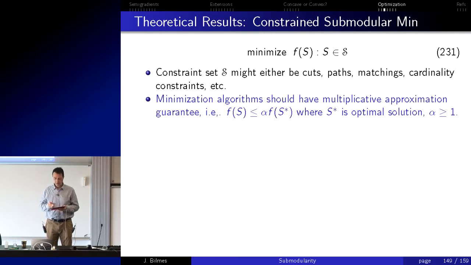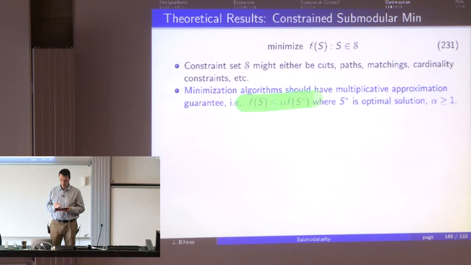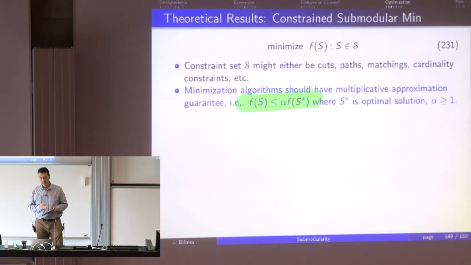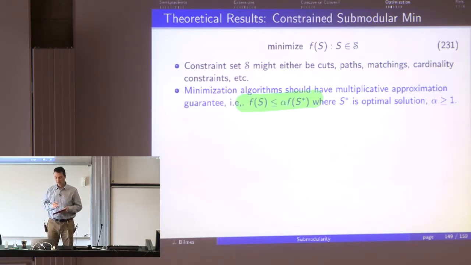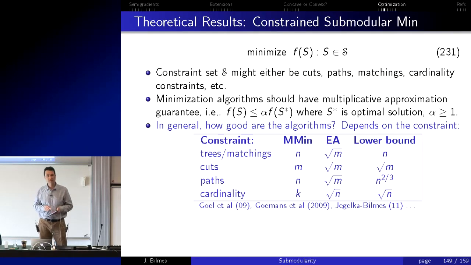So in general, when you want to do a minimization problem, you want to say something like this: the solution that you get is no worse than alpha times the best possible solution for some alpha greater than 1. And the kinds of alphas that you get for these kinds of problems are not constant. So they're not constant factor approximable.